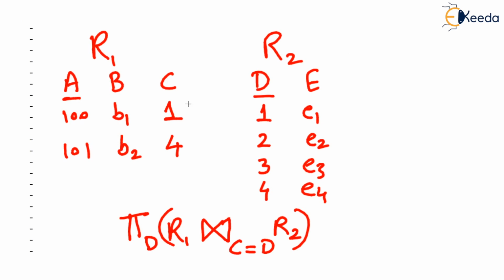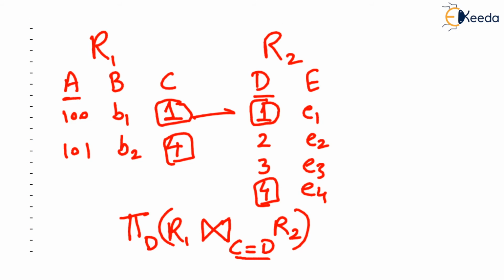I have taken the same example over here. Now you just tell me when you join R1 with R2. I'm sure you know by now what is join, and we are checking whether C is equal to D. Only those rows will be selected. So obviously you know that this value of C matches over here and this value of C matches over here. So only this row and this complete row will be selected.